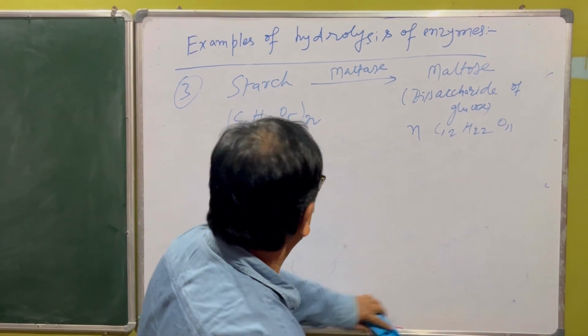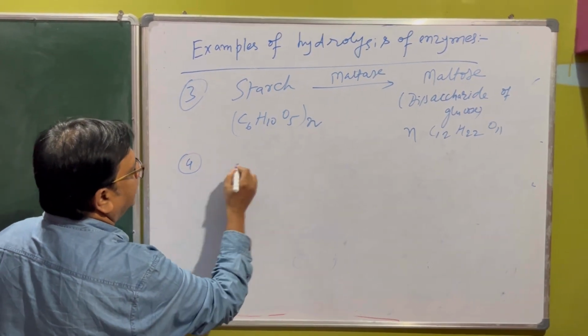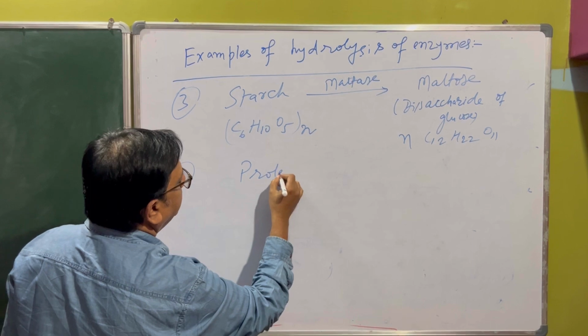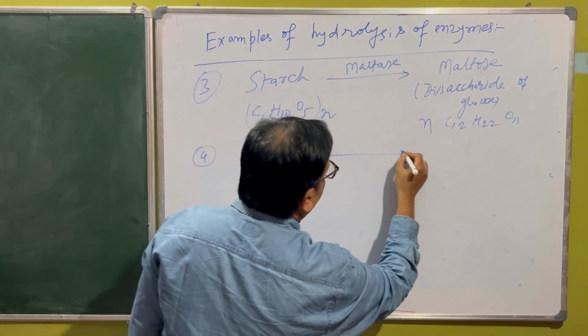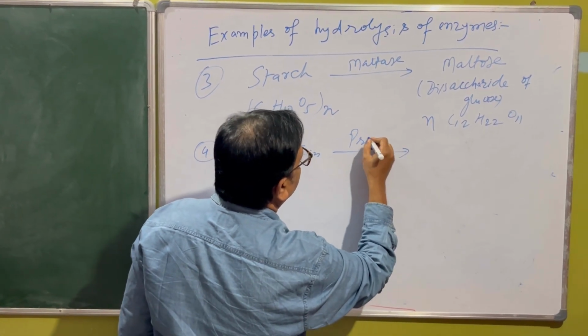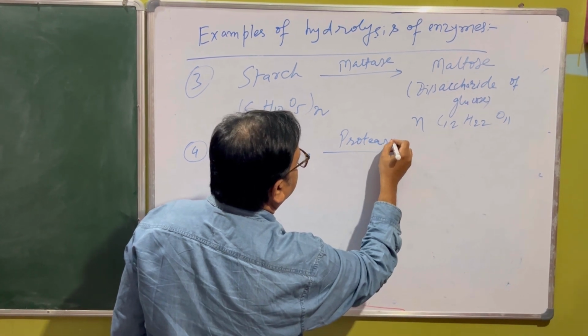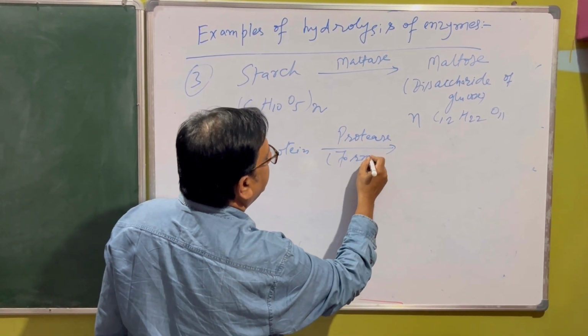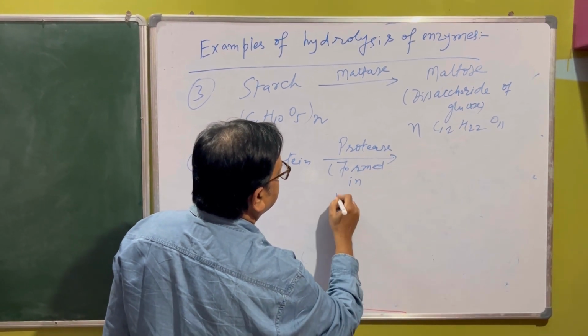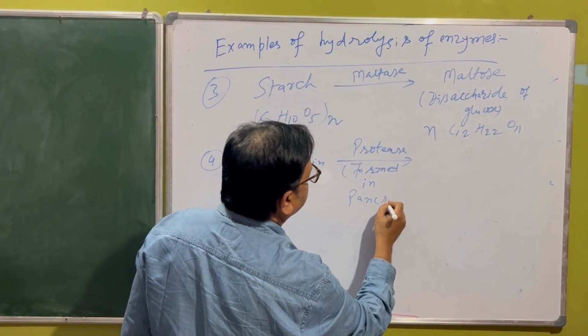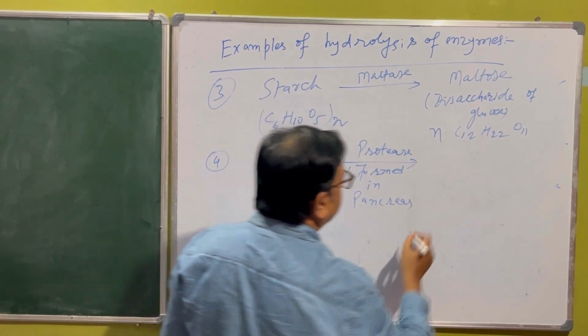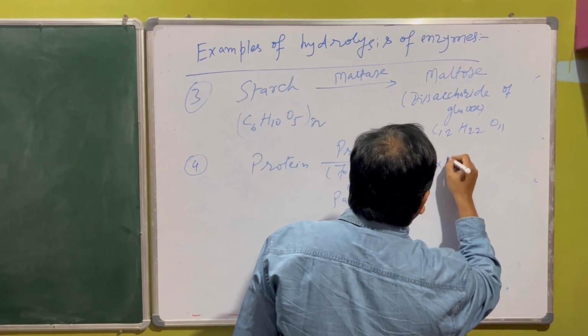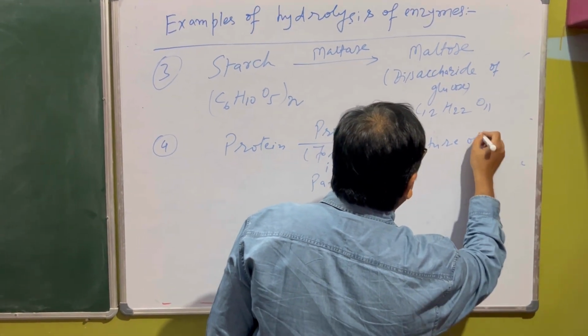The fourth one is, if you take the example of protein, the enzyme is protease, which is formed in the pancreas, and what you get is a mixture of individual amino acids.